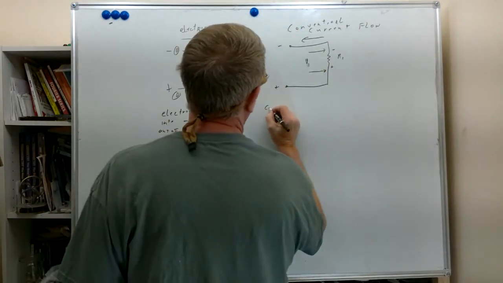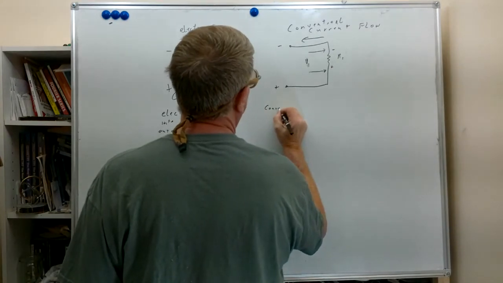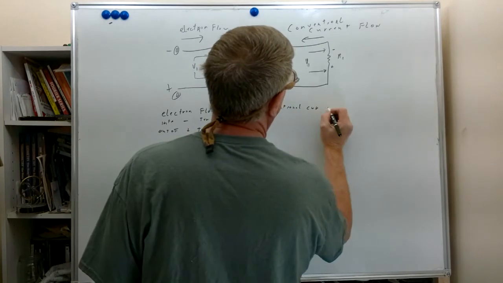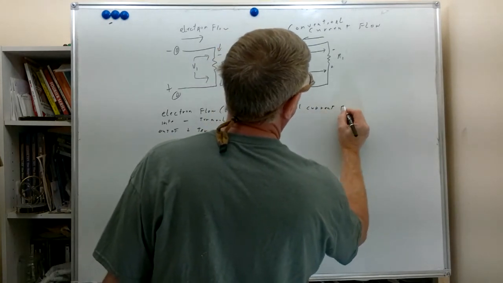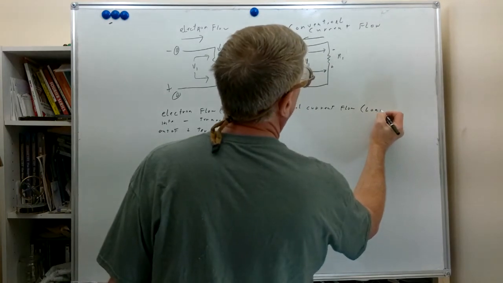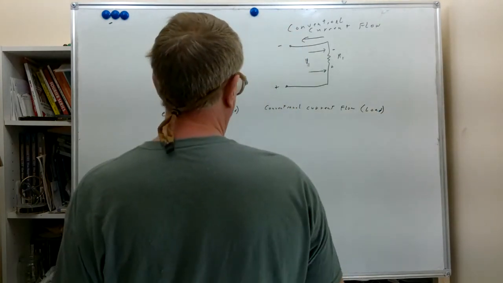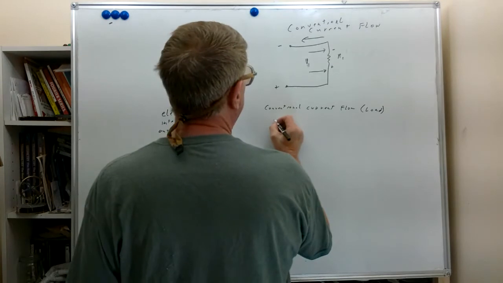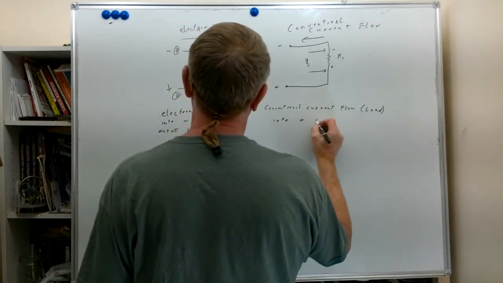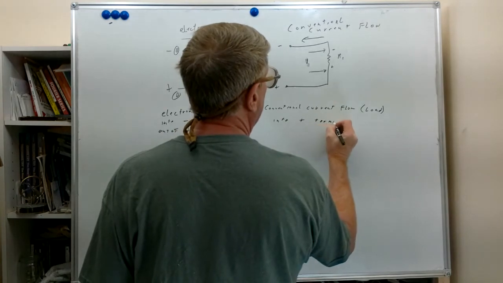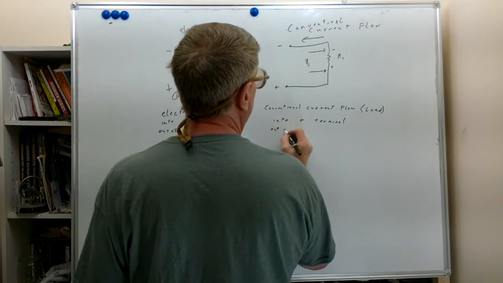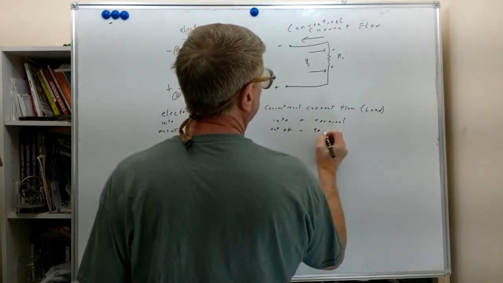So when we say conventional current flow, and we'll say in the load, just like we did before, it goes into the positive terminal and out of the negative terminal.